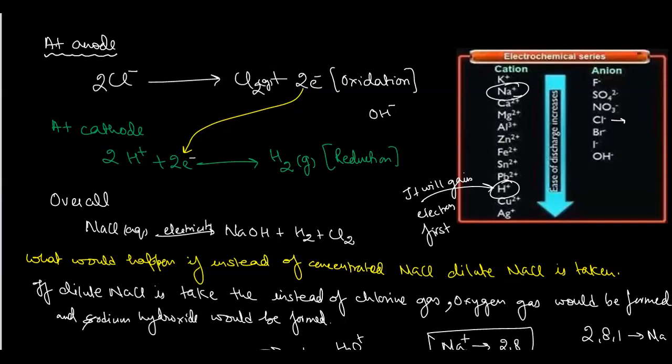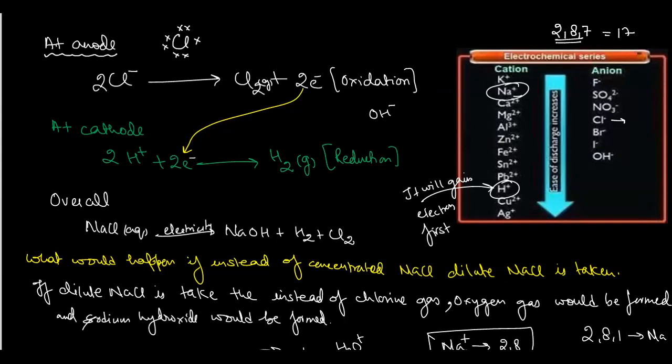Just imagine there are two chloride ions. The electronic configuration of chlorine is 2, 8, 7, since the atomic number of chlorine is 17.